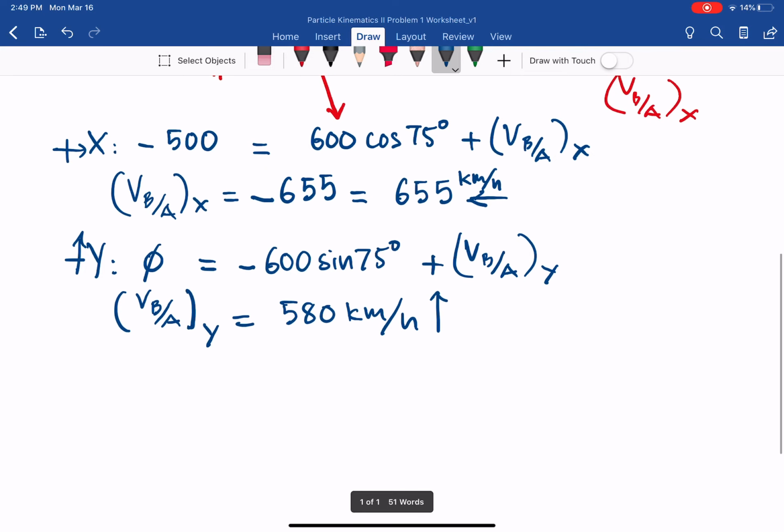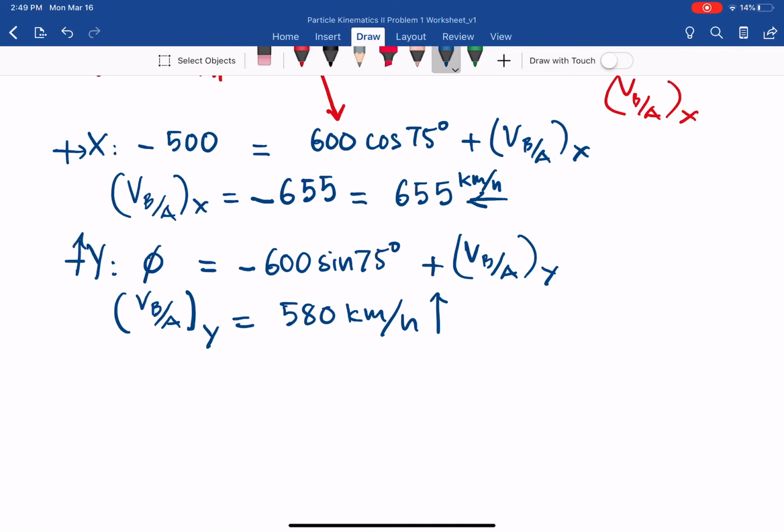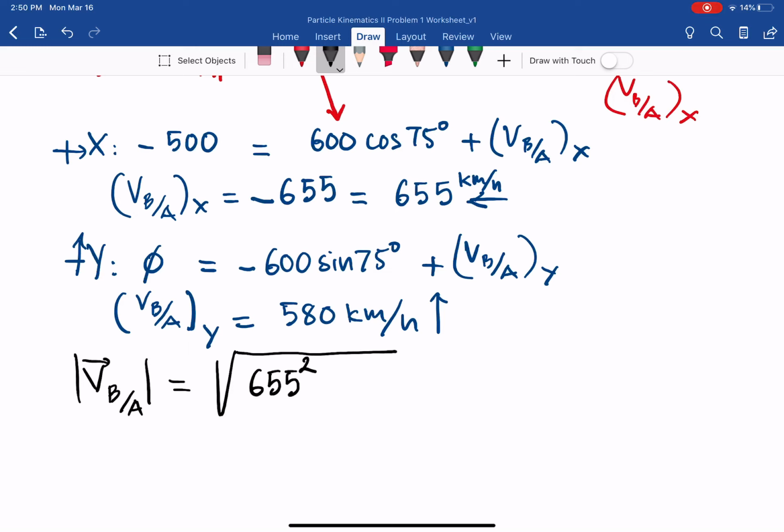So we have two components, just like in 2D forces. When you have two components, you have the resultant force, or in this case, the resultant vector of B relative to A, equal to square root, right? So the magnitude of B relative to A equals the square root of 655 squared, which is the x component, plus 580 squared, the y component, and we get 875 kilometers per hour.